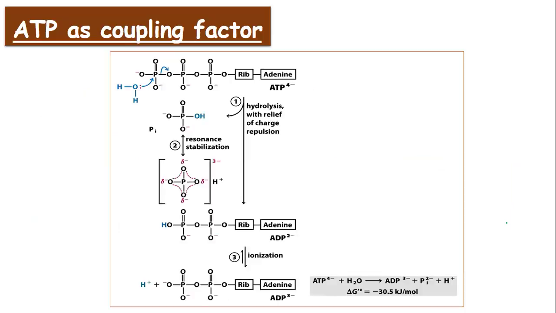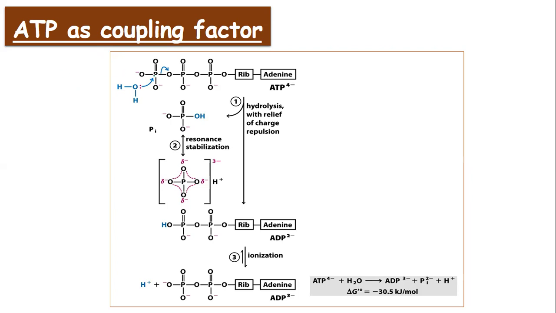Now, another important question is why ATP is mostly used as an energy coupler. What is the reason that ATP is used as an energy coupler in almost all chemical reactions? There are several factors which make ATP a good coupling factor.